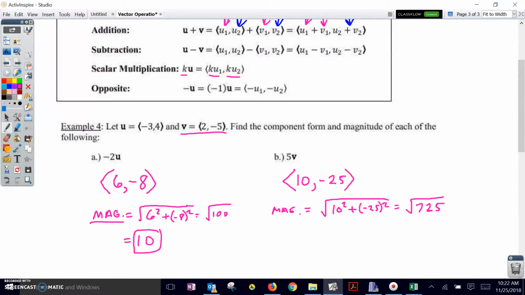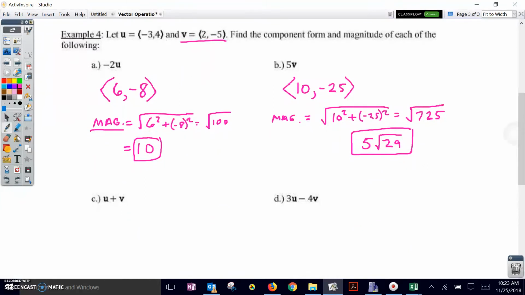Do I want to simplify this radical? I probably should. Let's see, what can I take out? I've got 5. That's 5 root 29. So that's the magnitude of the vector 5v.